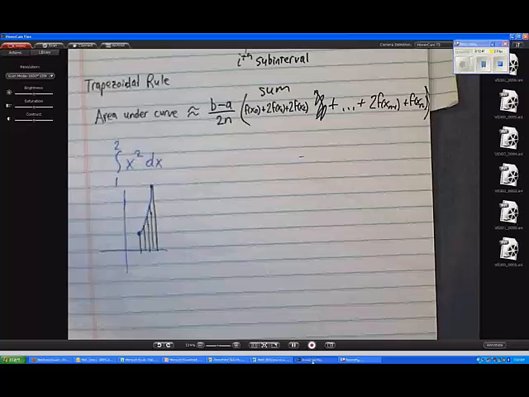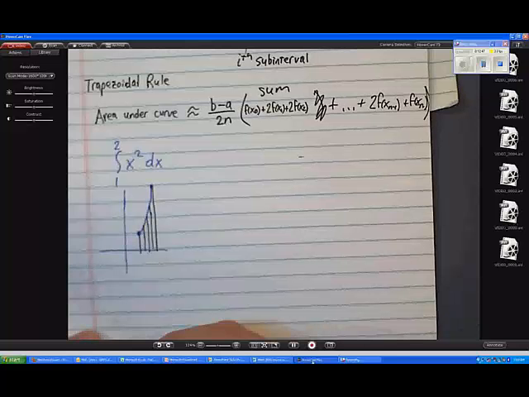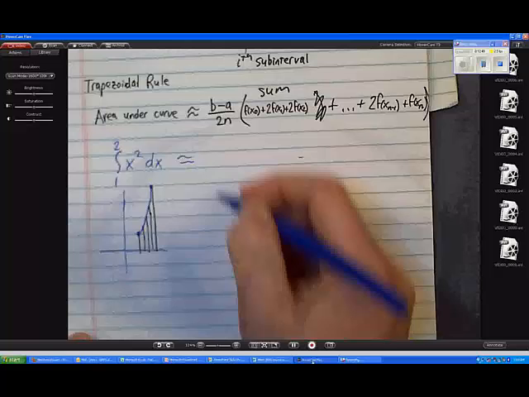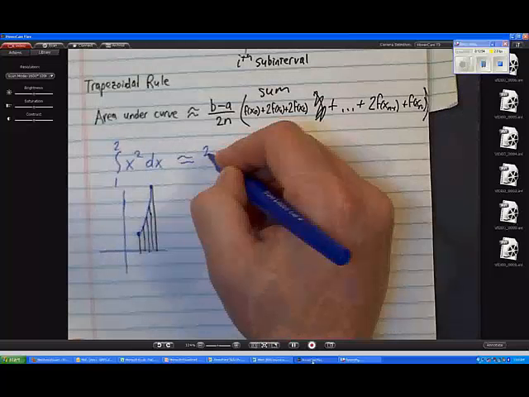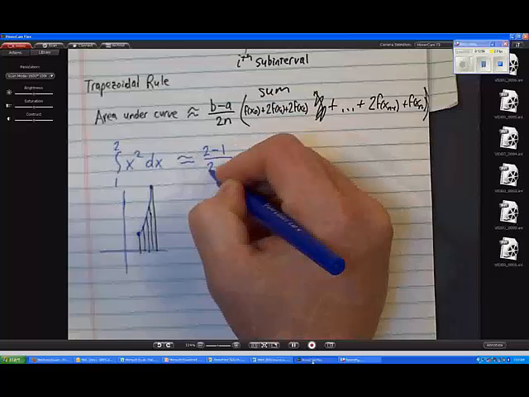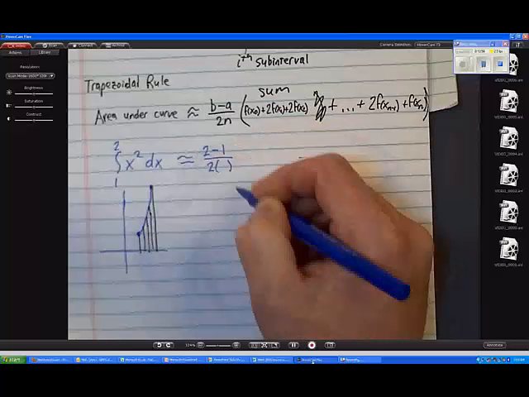So I'm going to say that this area is approximately equal to, well, let's see, what's b minus a? That'd be 2 minus 1 over 2 times, what's n, guys? 4, okay.